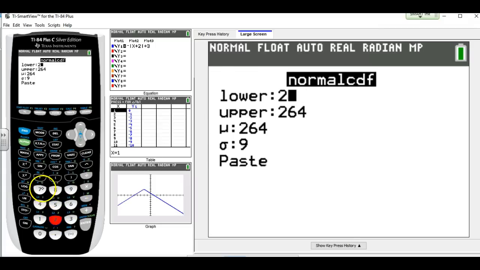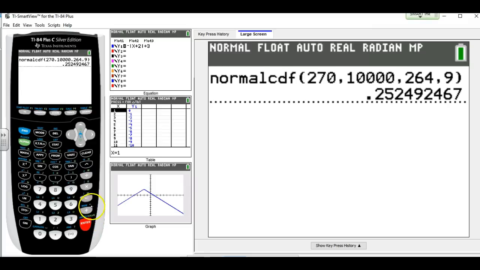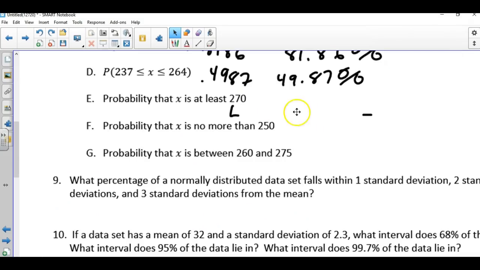That's the lower bound, so the upper bound can be upwards of 1,000, 10,000, whatever. So 0.2525, or you could put 25.25%.